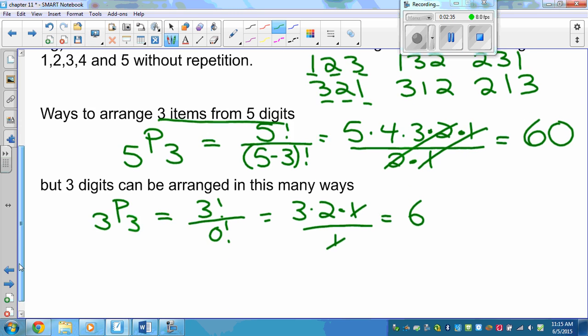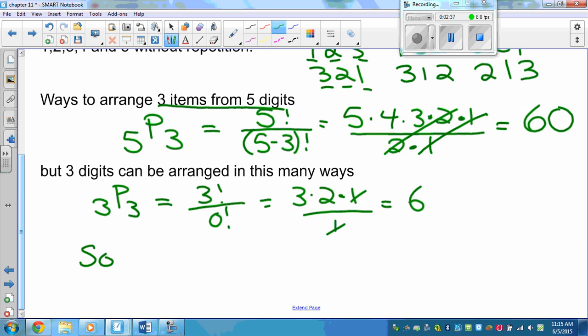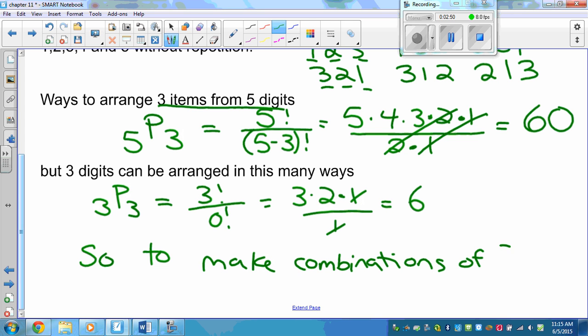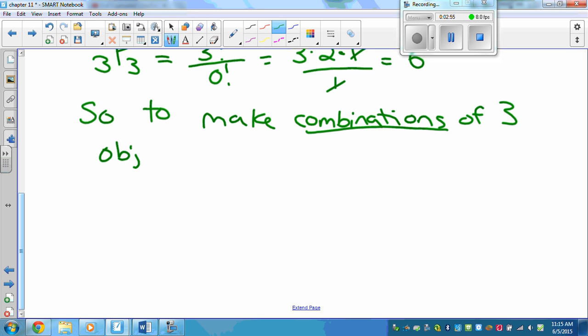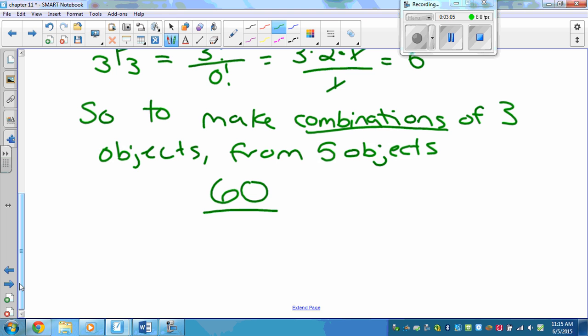So to make combinations of 3 objects from 5 objects is simply going to be 60 over 6, or 10 ways.